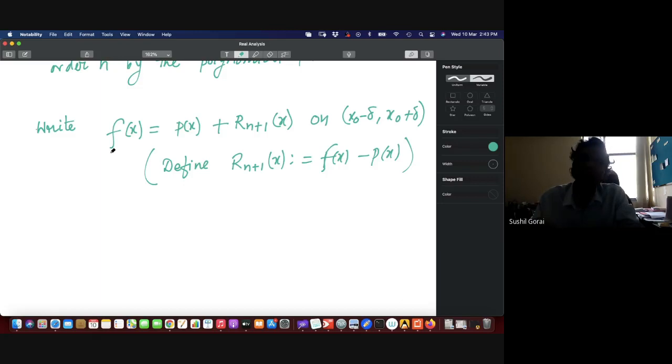Apart from that, if we assume f n plus 1 exists on the open interval, existence on an open interval is good enough. Then this remainder, called the remainder term, R n plus 1, can be given in terms of the n plus 1th derivative of f. That is the most interesting step. Okay.